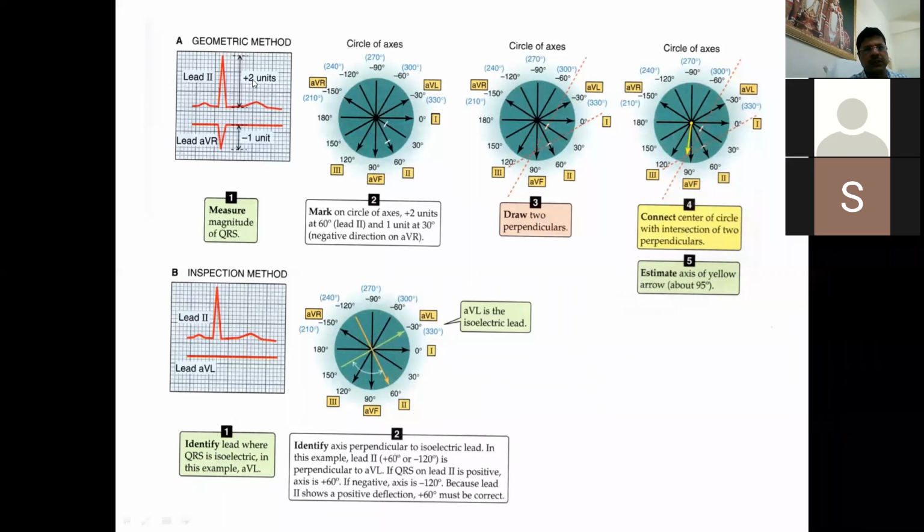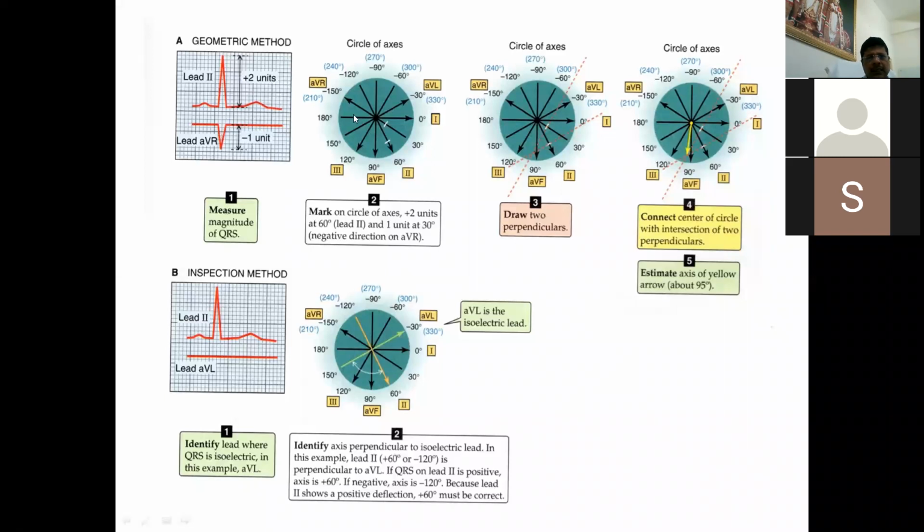So here it is 2 units. And AVR, I told you yesterday, it is all negative, is it not? So in AVR, you calculate the negative, it will be -1 unit. So here you can see it is +2 units and -1.